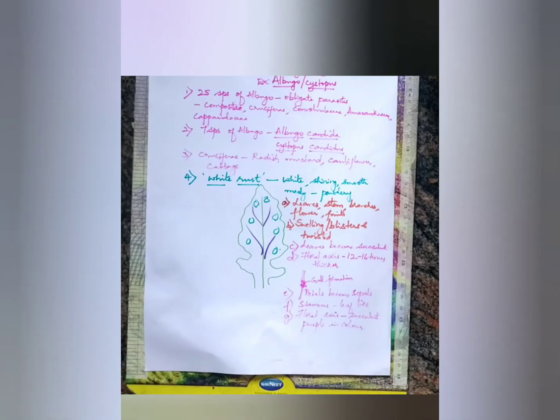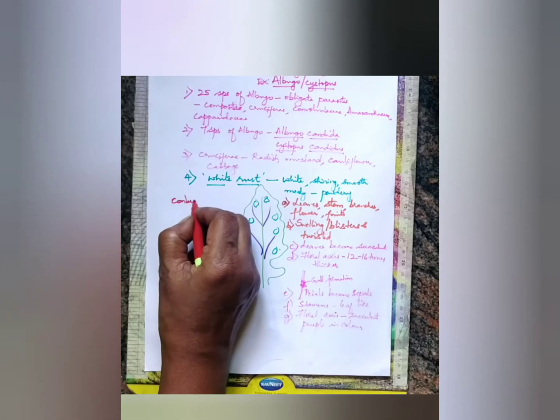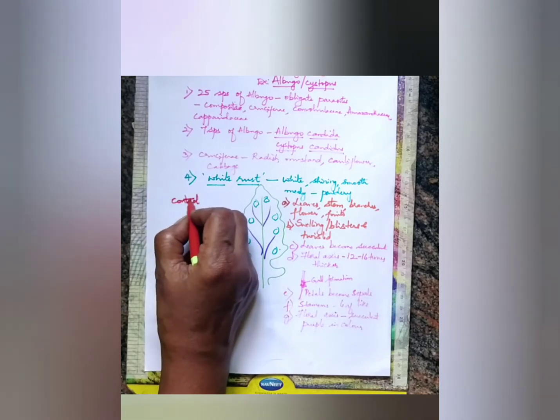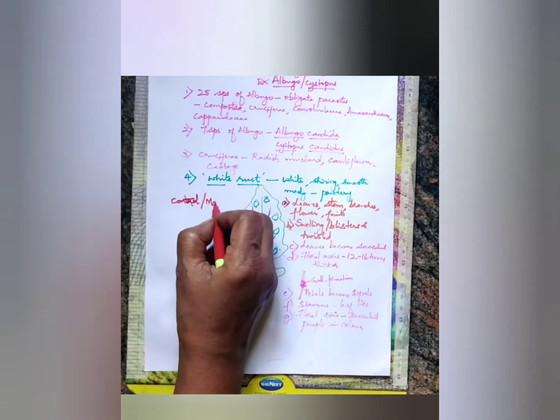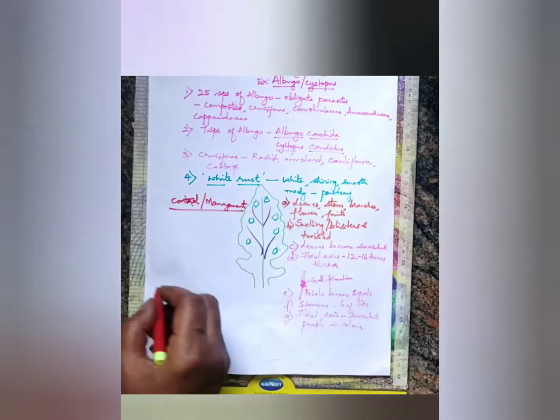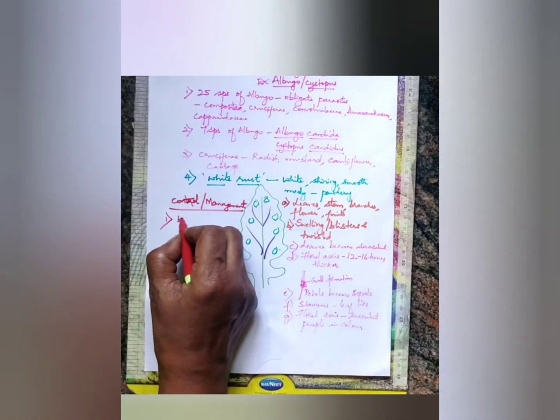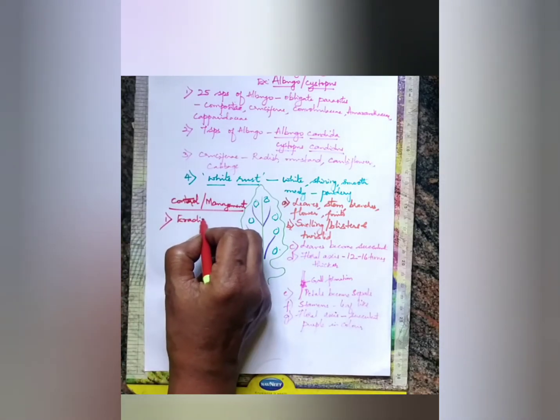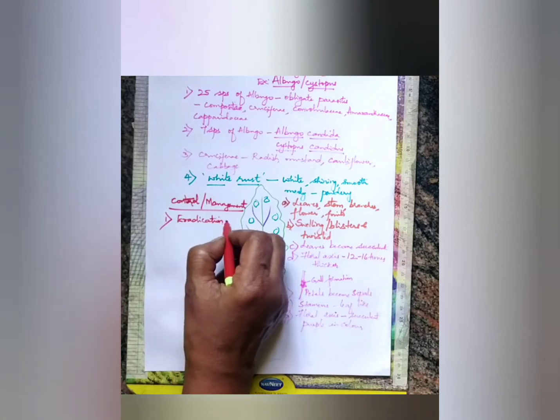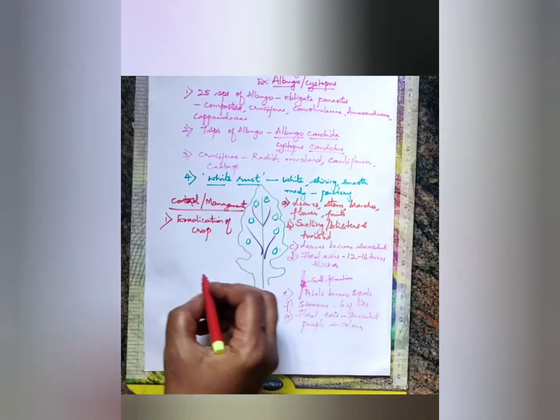So how to control this disease? We can call it control measures or the management of the disease. Firstly, eradication of the infected crop, removal of the crop.